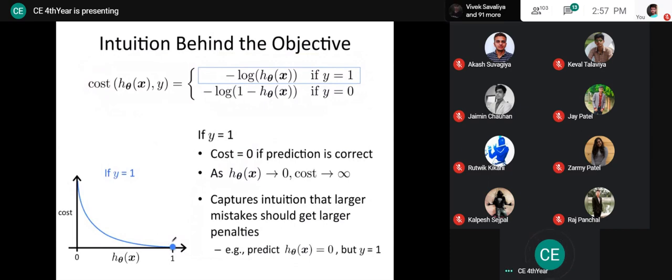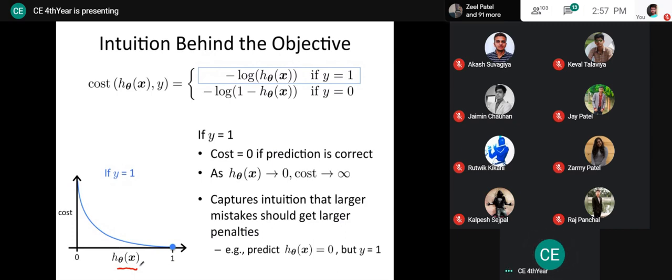Now let's try to understand the meaning of this particular graph before moving towards the second part, that is, what will happen whenever y is equal to 0. We'll discuss that part also. This x-axis indicates your hypothesis. Can you recall the hypothesis equation?